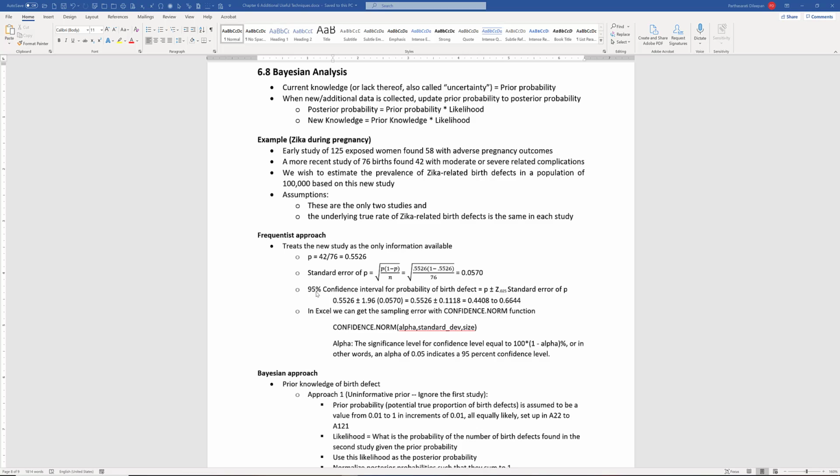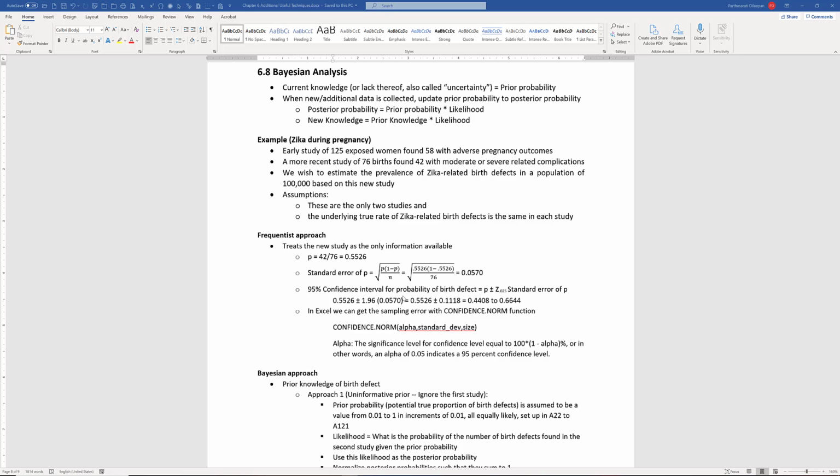Then we can develop a 95% confidence interval for the probability of birth defect. That's given by this point estimate plus or minus a sampling error. The sampling error is given by the normal distribution z-score, because with a large binomial sample it can be approximated with the normal distribution, so there is a theoretical basis for this. You get the z value for a 95% confidence interval, which is 1.96, multiplied by the standard error.